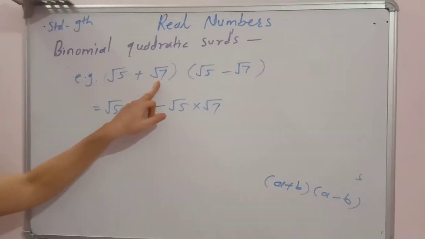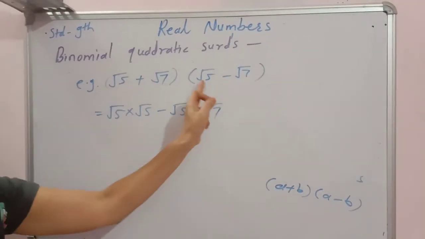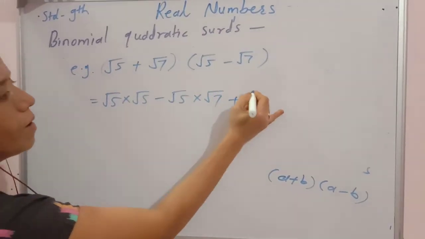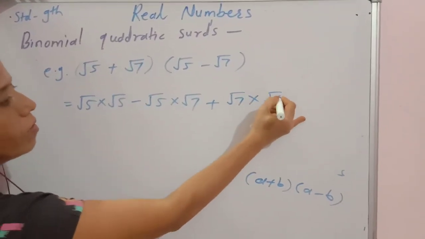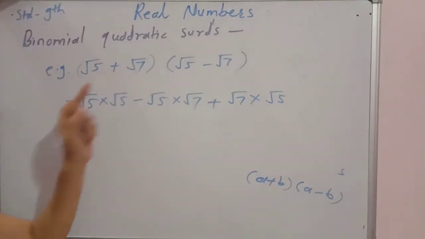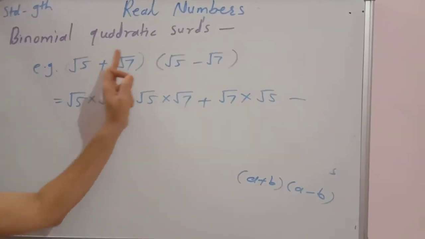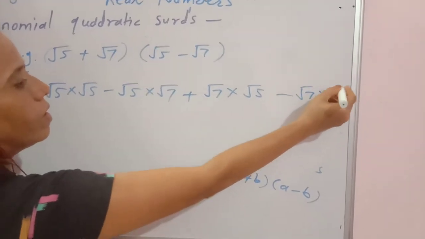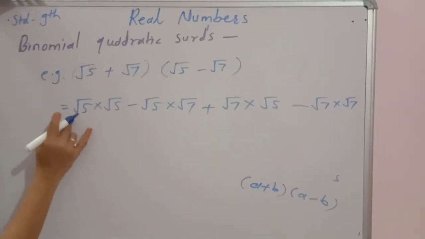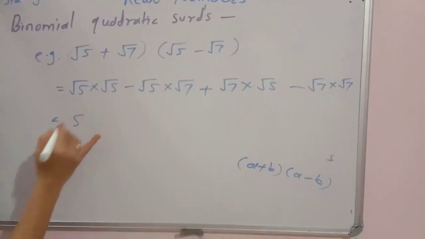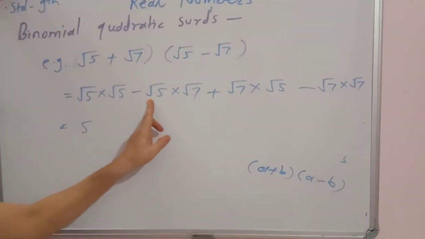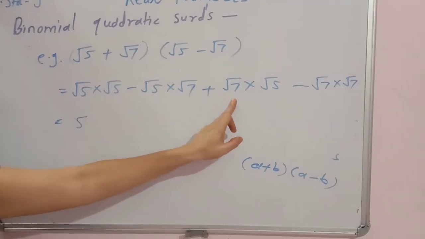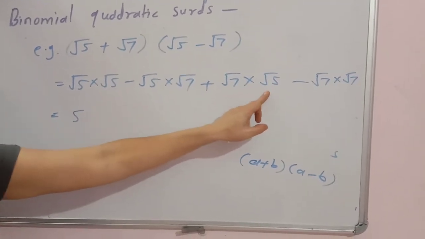Again multiply by the second term, plus root 7 multiplied by root 5 and minus root 7 multiplied by root 7.